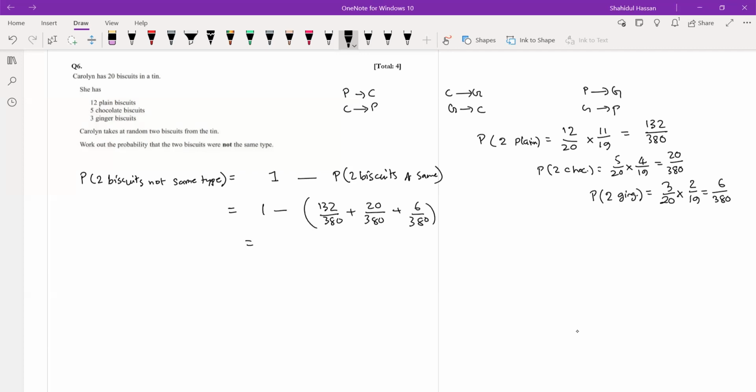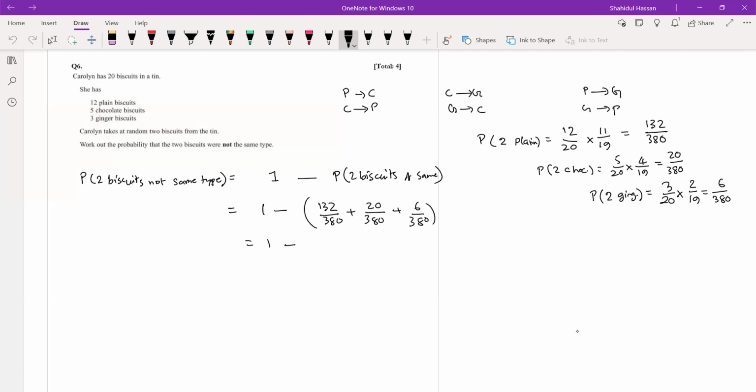Can you do this calculation and give me the answer now? Yes, I'm waiting for the answer, students. Is anyone doing the calculation?